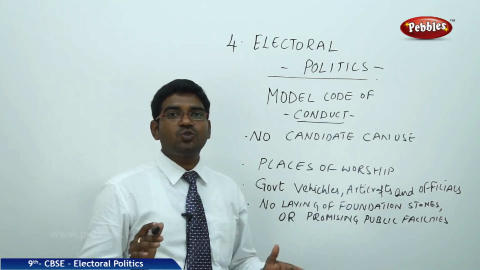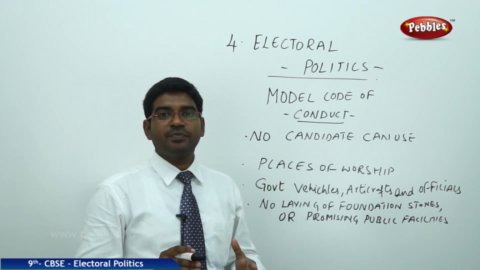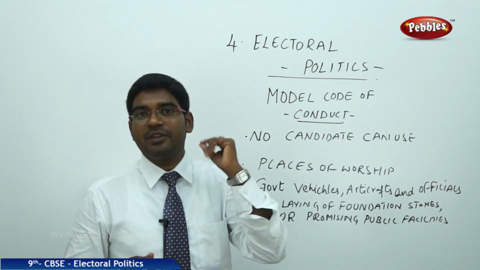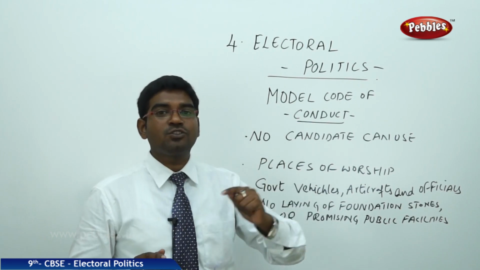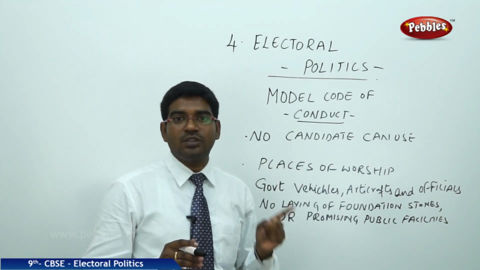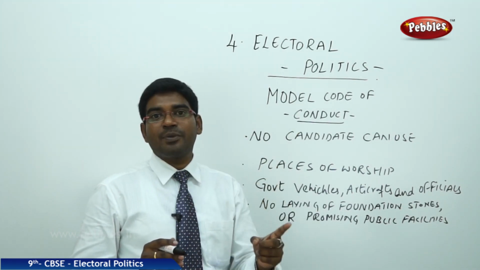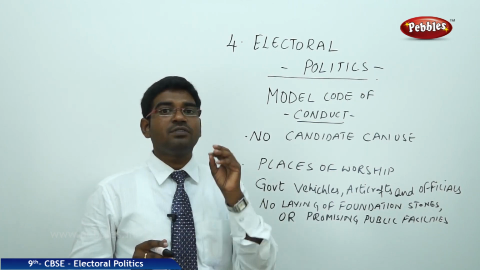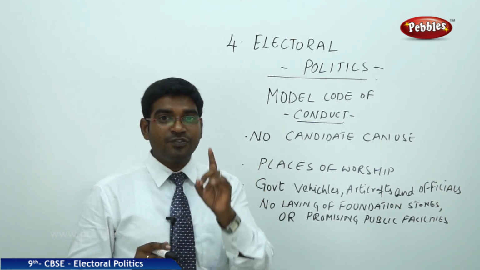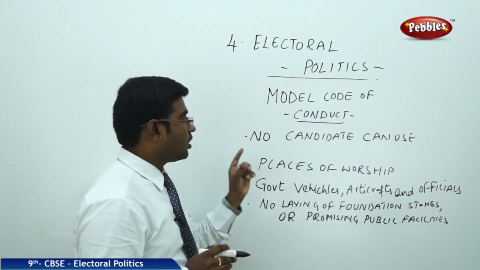He is not supposed to enter the places of worship for campaigning. While he is passing that way, he can pay a visit, but he cannot campaign in the holy places of worship. That is the first one in the code of conduct.